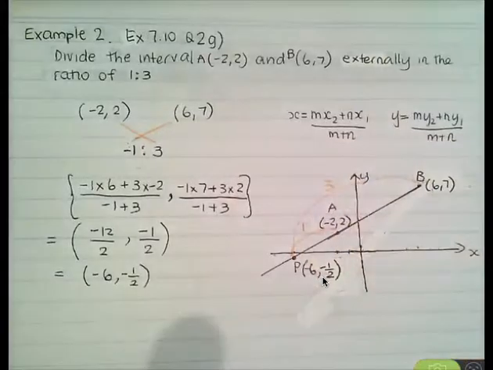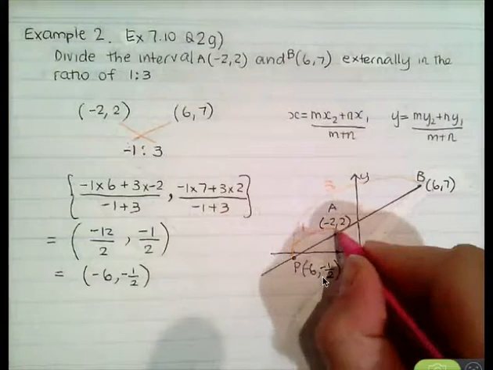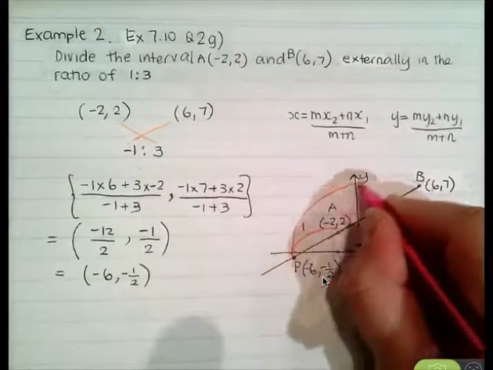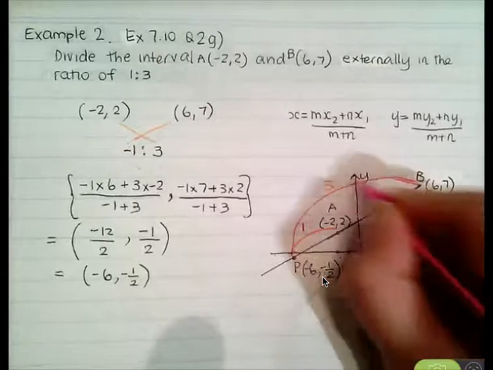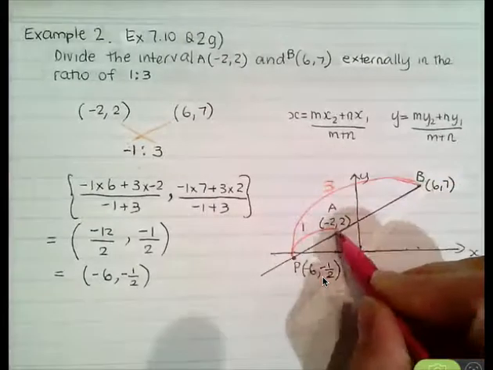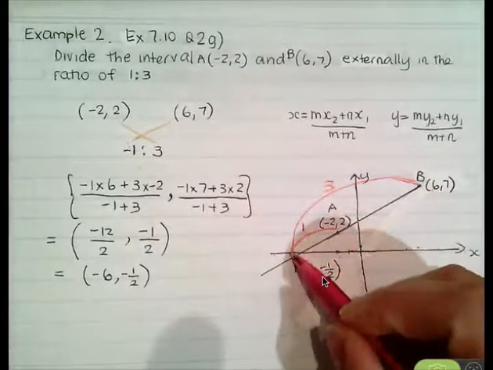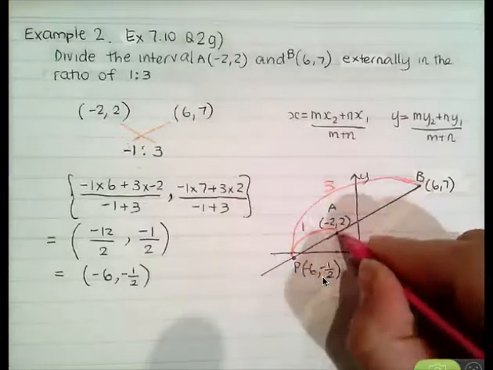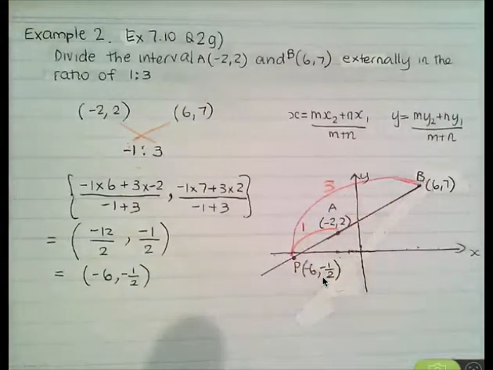So the ratio of A to P is 1 and the ratio of P to B is 3, and notice that this first bit is 1 and this second bit is 3 times bigger than that first bit, and that's how that is an external division in the ratio of 1 to 3.